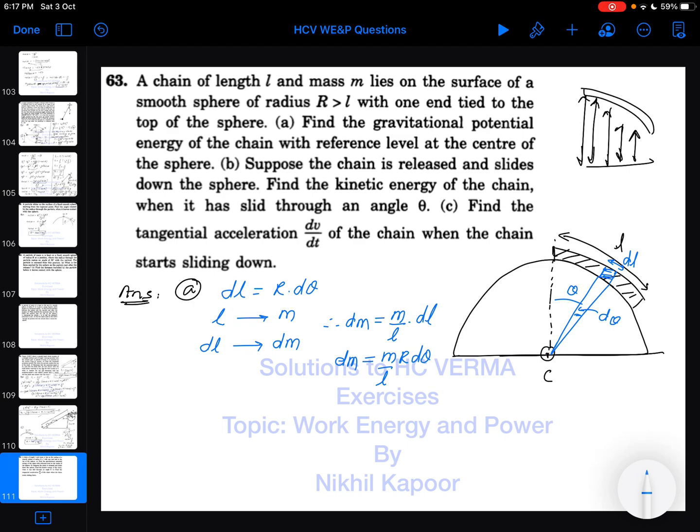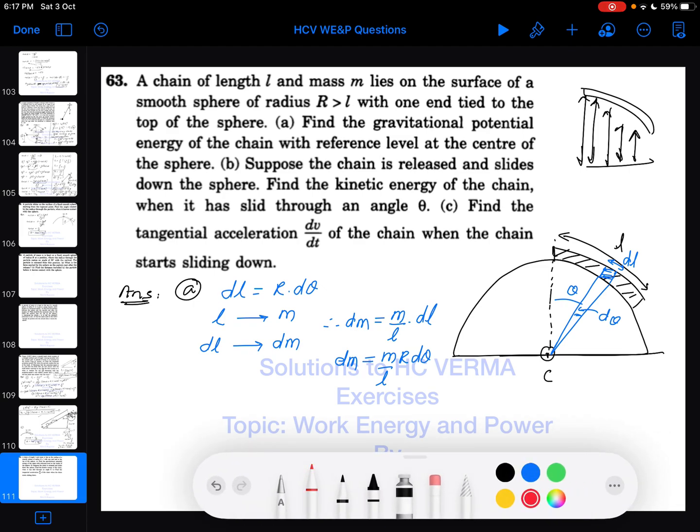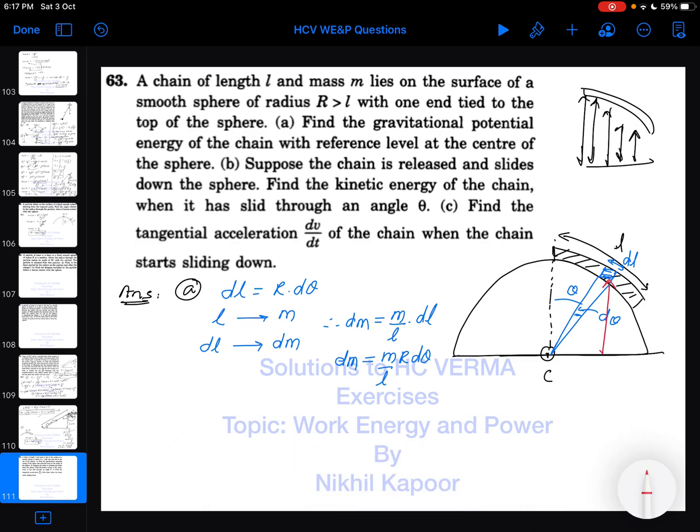Now what we have to find is the height of this element, so that we can find its potential energy. So this is the height of this element. Here r is the radius and h is the height, while the angle theta is known to us. By using this triangle and theta, I can find the height. By applying the cosine function, cos theta is adjacent upon hypotenuse, so we have got the height as r cos theta.